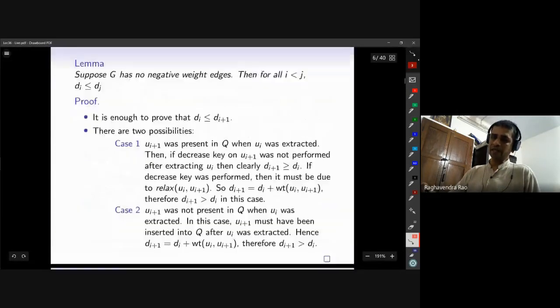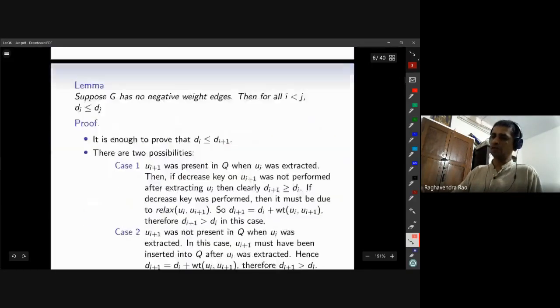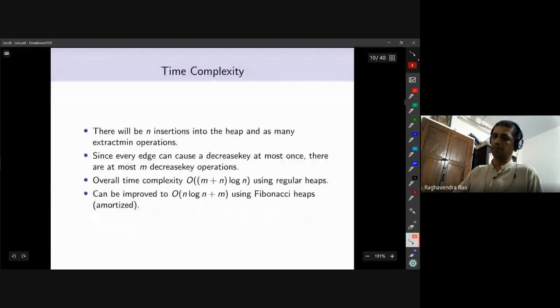We would have set predecessor of Vi as Vi minus 1 only if there was a relaxation after extracting Vi minus 1 from the priority queue, before extracting anything else. So that means the predecessor relationship would be in accordance with the relax operation, or in other words, all of this will hold with equality.